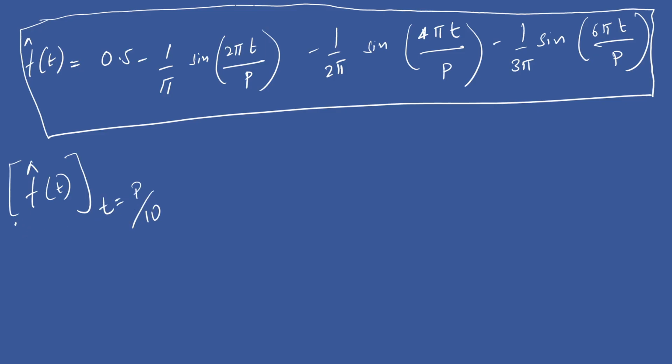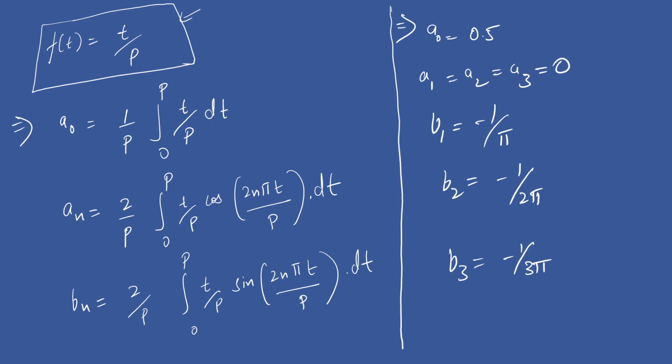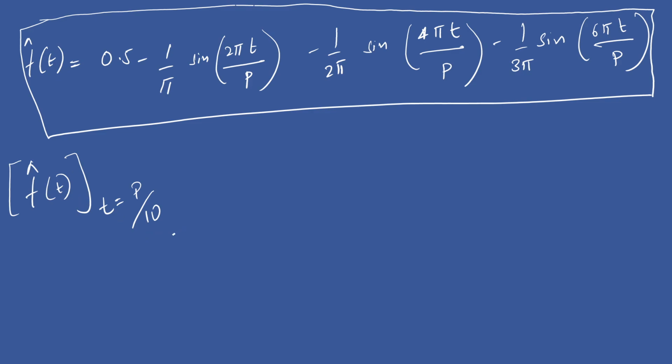So you need to evaluate f cap t at this particular value of t, which is p by 10. So f cap t at t is equal to p by 10.